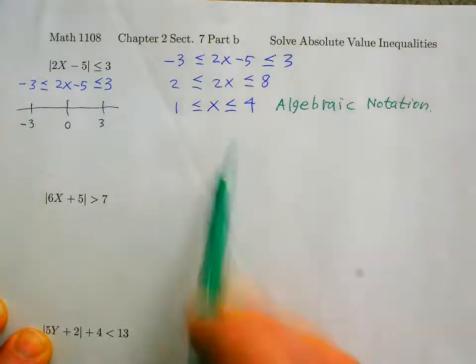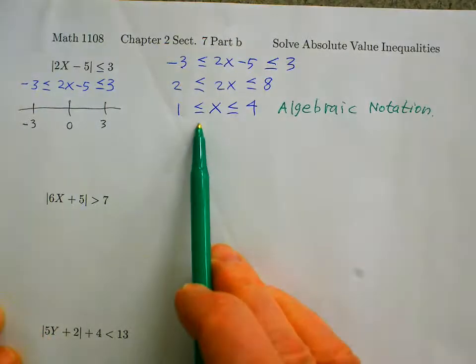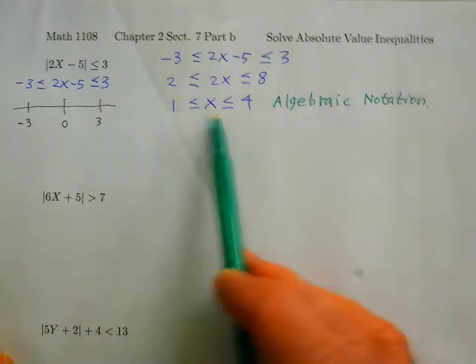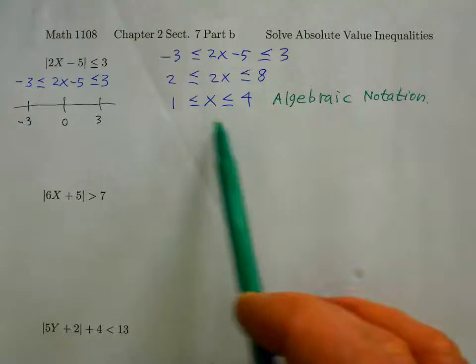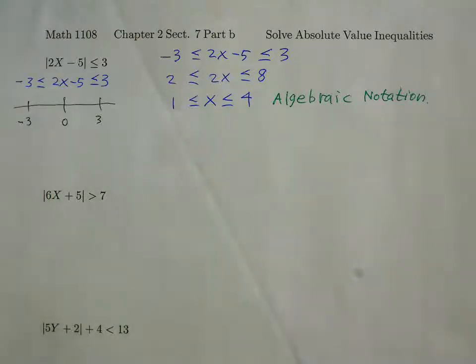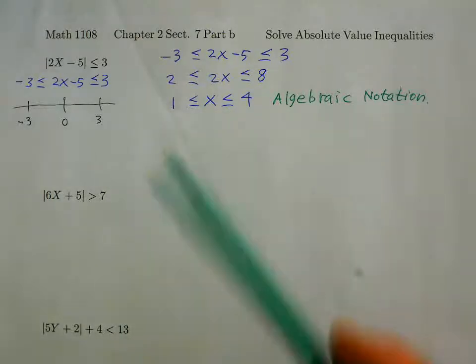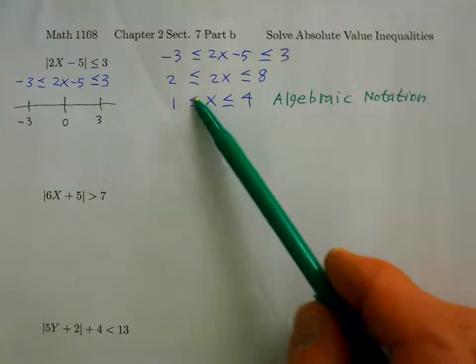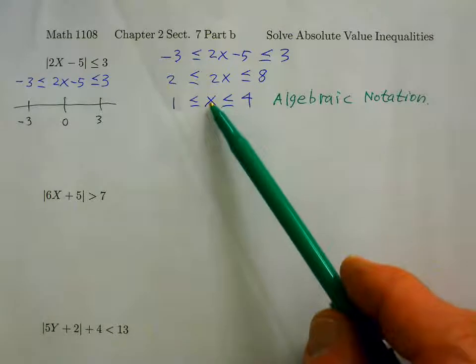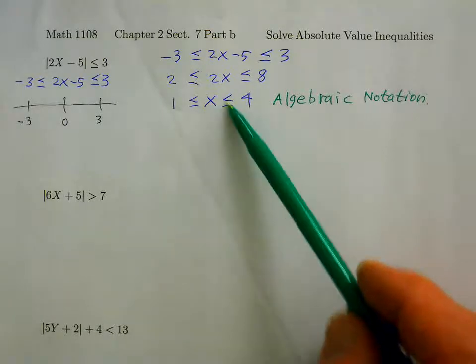We can use the word and when we read this: 1 is less than or equal to x, and x is less than or equal to 4. The word and means that x satisfies 2 conditions at the same time. Not only is x greater than or equal to 1, but x must also be less than or equal to 4.